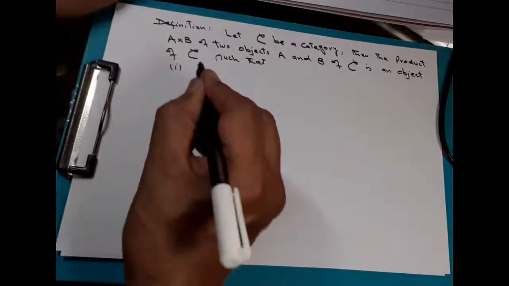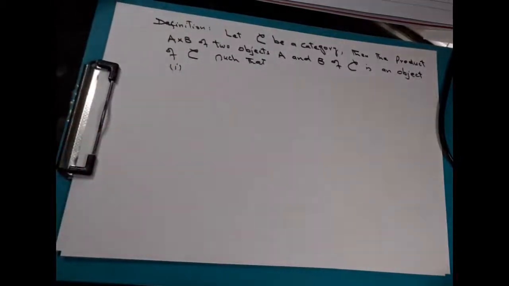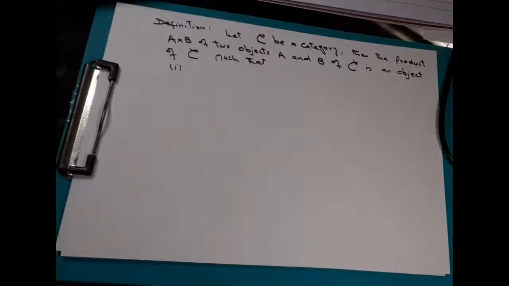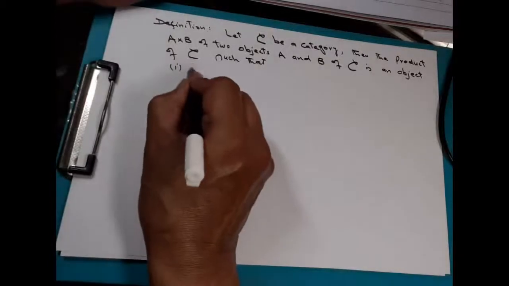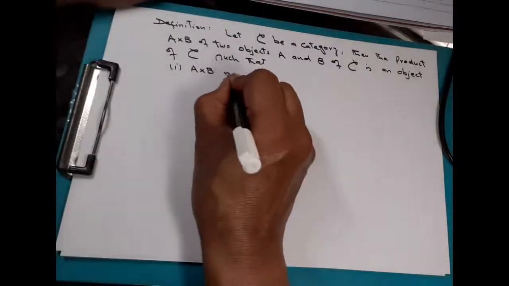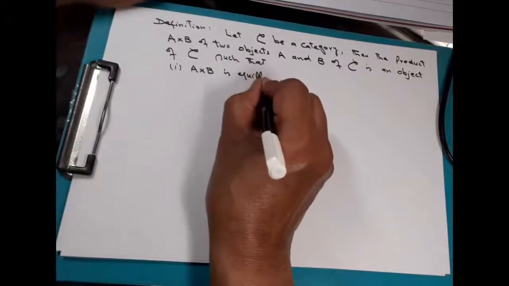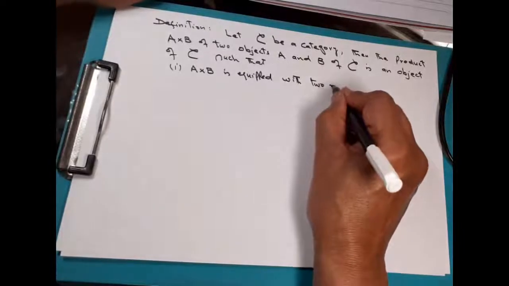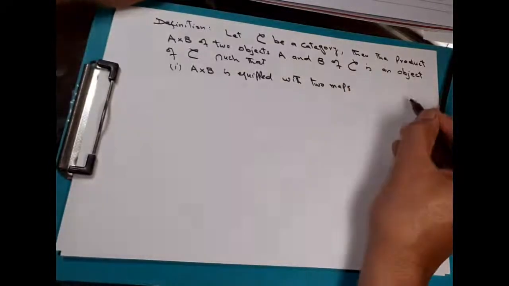the first condition is A cross B. This is the symbol for the product of A and B. A cross B means the Cartesian product of A and B, but in a general category we also use the same symbol, A and then we put cross and then B. Anyway, this particular object, the product in the category C, is equipped with two maps, or two arrows, or two morphisms.